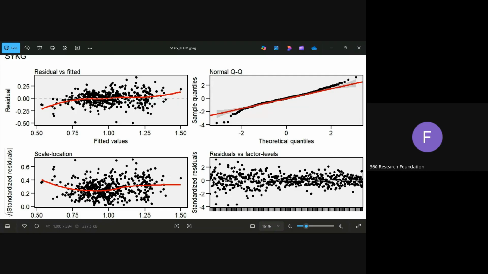My question is, in our residual plots, the residual versus factor plot, the level plot, is it showing any clear pattern? Sir, as it goes to the right direction, it is coming closer to the zero value.